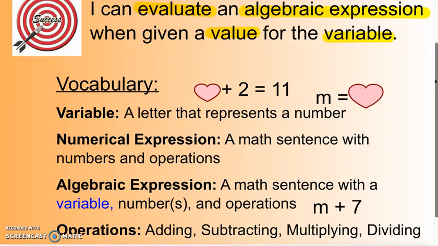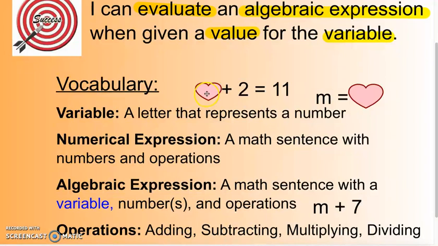So a variable is actually the thing that's missing. It is what we use in math to represent what's missing or what's secret. In algebra we use letters to show what is secret. So instead of having a shape to represent something that's missing, we use letters and we call them variables.